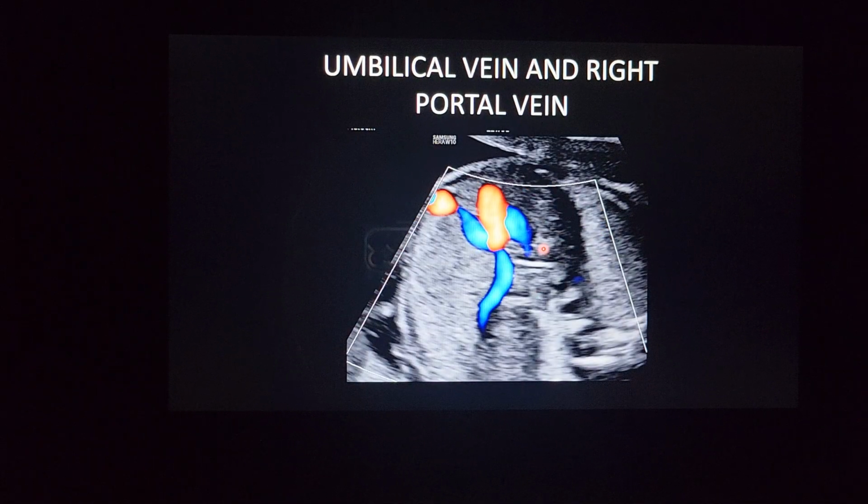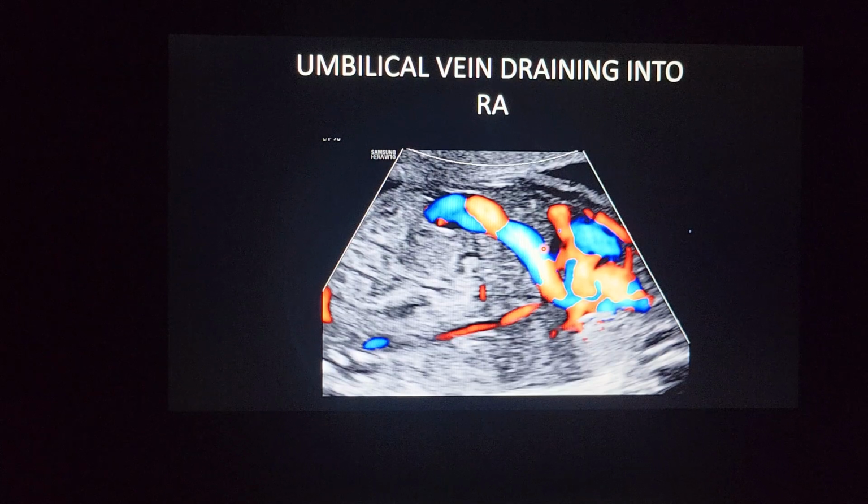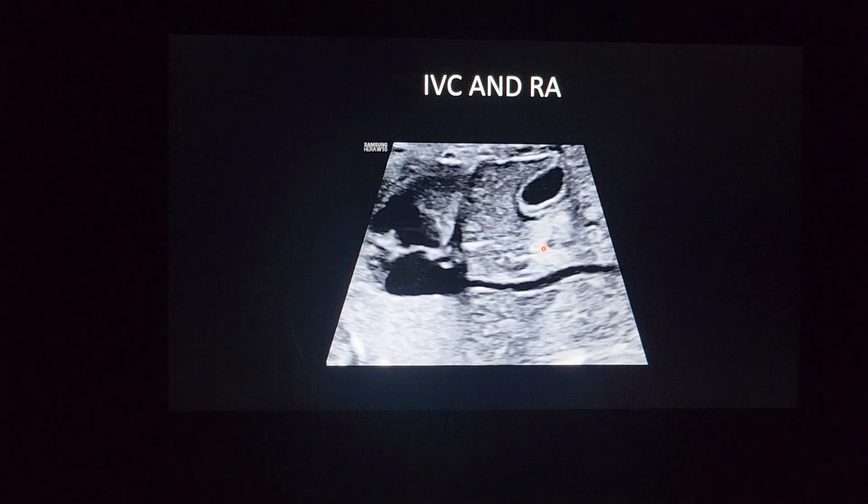This can also be seen by showing the portal venous anatomy, etc. And also we have to demonstrate the IVC and the right atrium. You can see that the IVC goes into the right atrium. Normally we would have found the ductus venosus here, but we are not able to show the ductus venosus here.